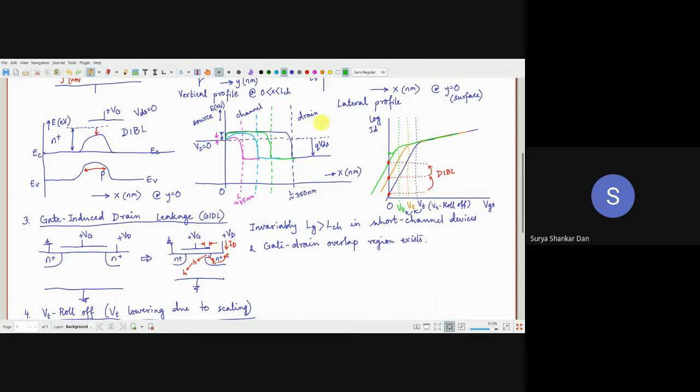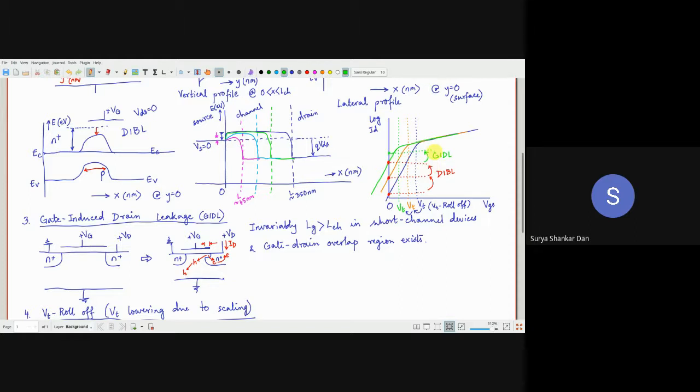So if we look into this part, from here to there, this is called GIDL. So leakages have started. Leakages means the device is essentially going towards breakdown. So this is because of GIDL.